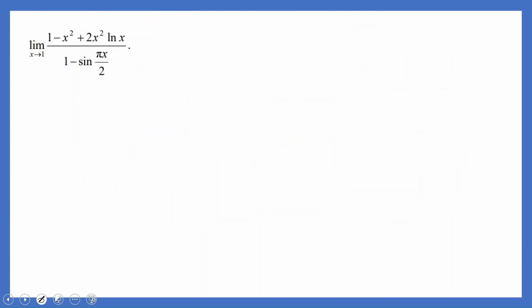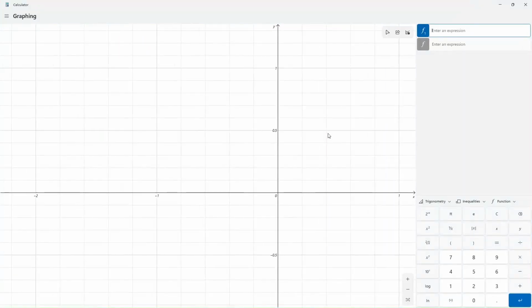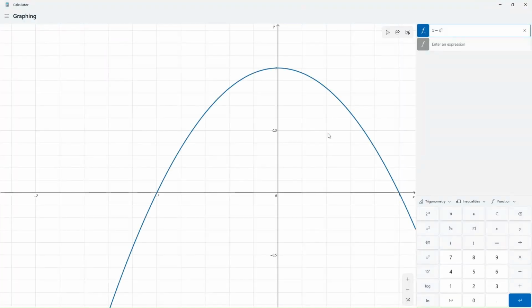All right. Next is a lot more complicated, and so I'll be introducing another specific tool that I'll be using. So first, let's graph it over here. So it is 1 minus x squared plus 2x squared ln x, just put natural log over here.